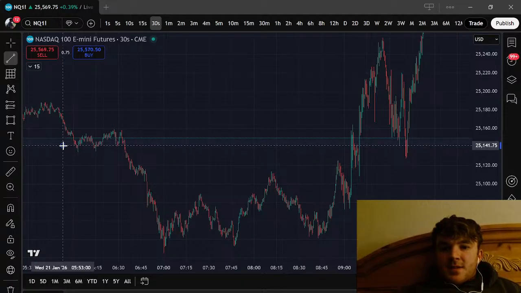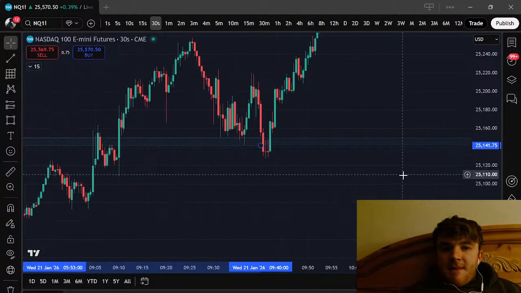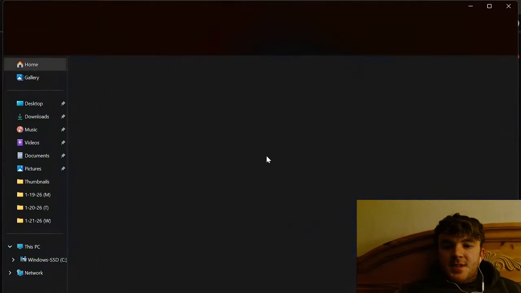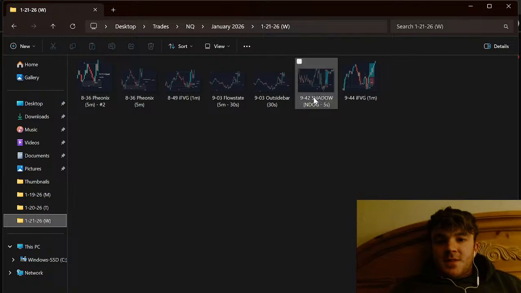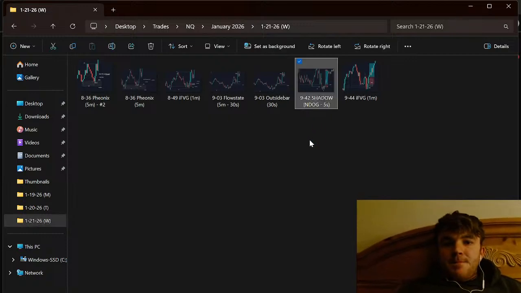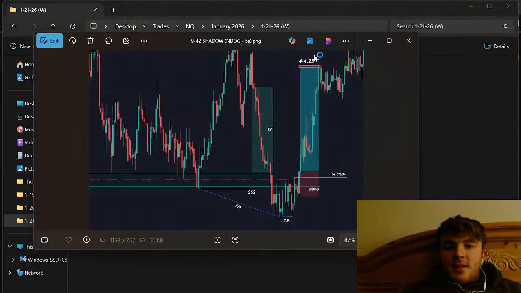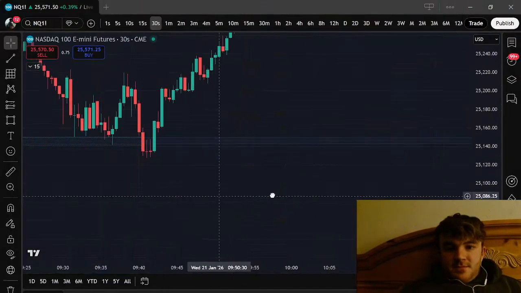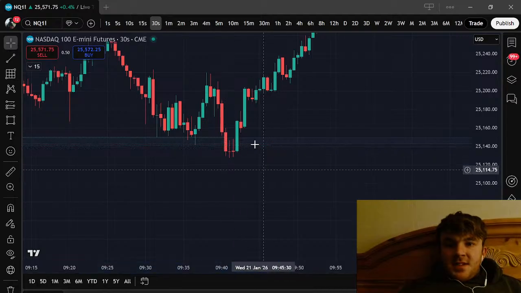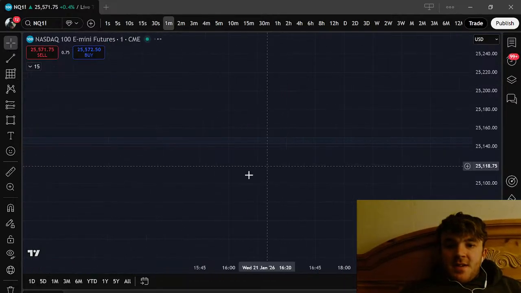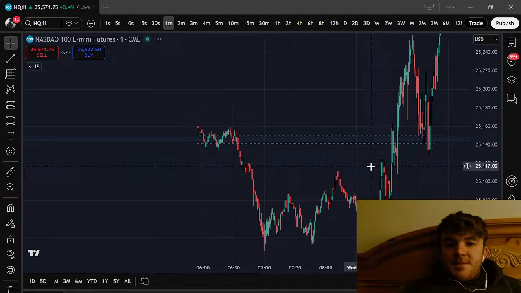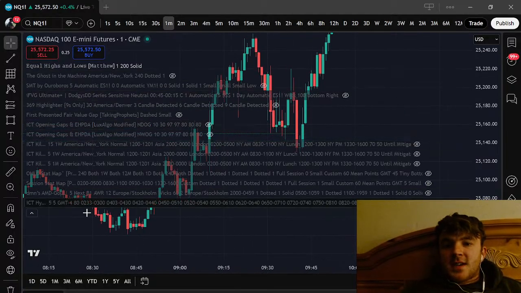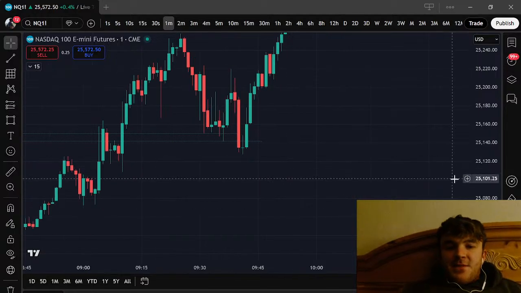Taking a pin bar close off of this gap, and I'm pretty sure there's S&T here. I'm gonna check my other trade to see if there was. Yeah, there literally was. So this is kind of a little degen of a trade here, but I like it. I'm aware that it's kind of degen, but it's a fun kind of degen.